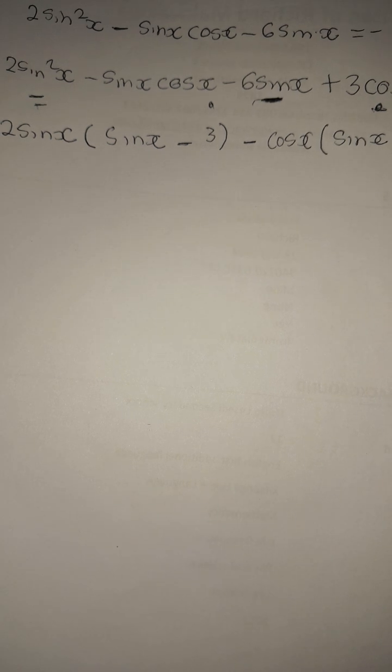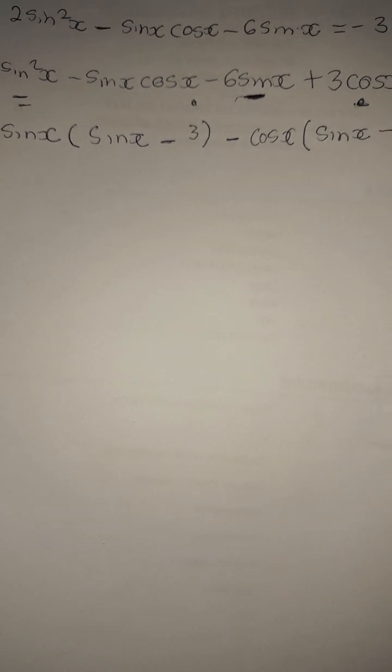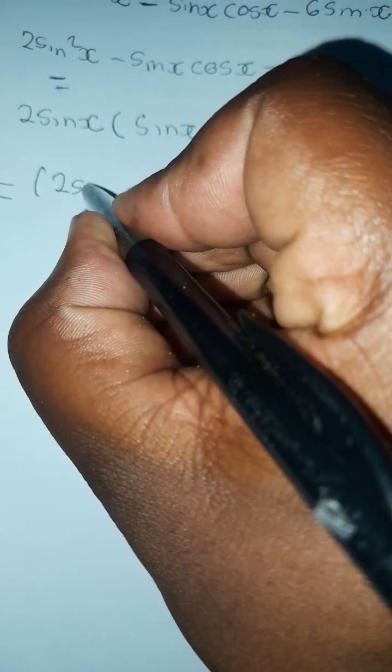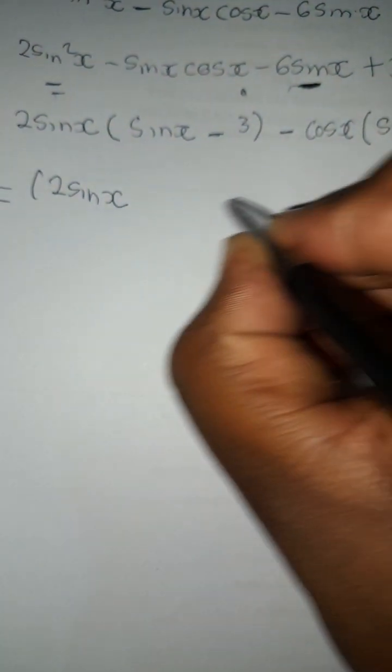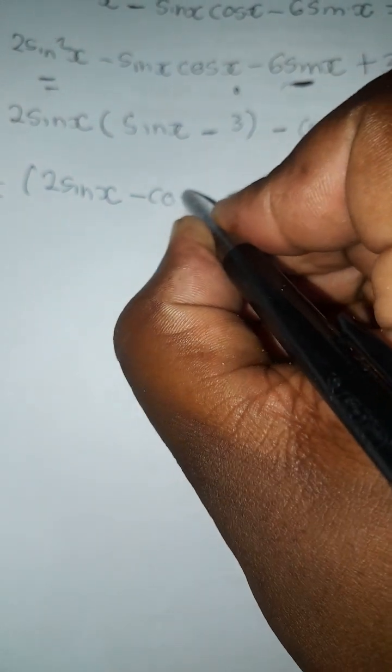So after that, what do we do, guys? We will group them. Let's take a look. What do we have there? We have 2 sine x, as well as minus cos x. I hope you're getting it.